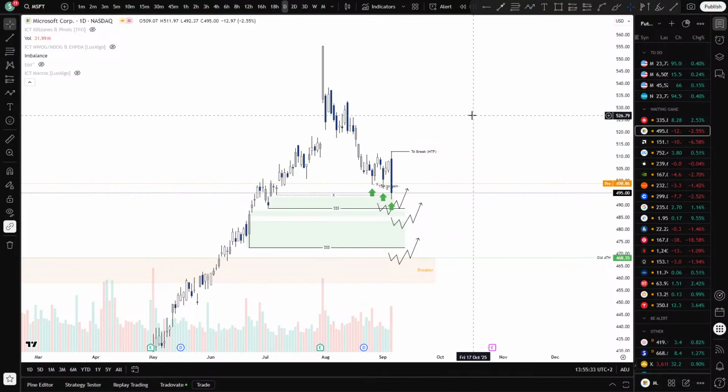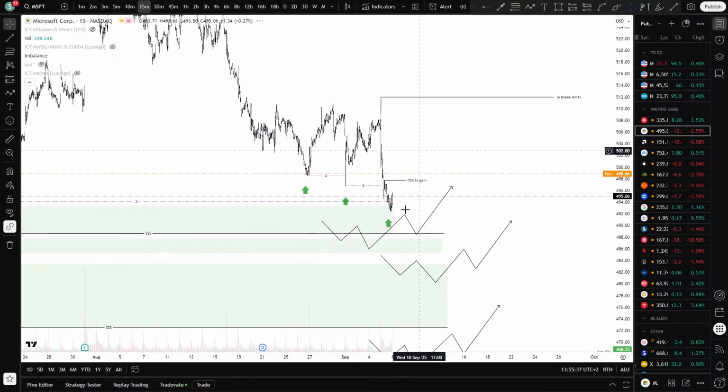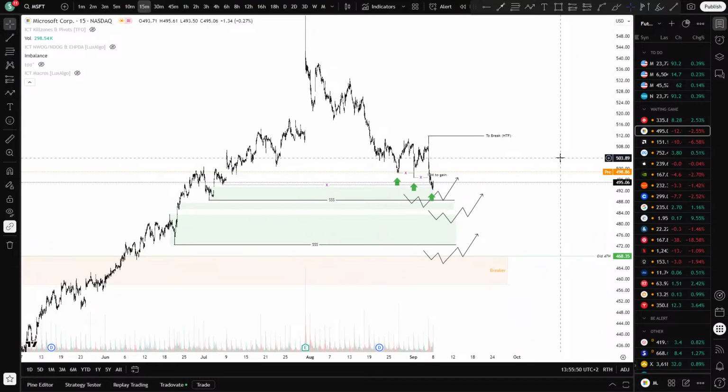This is just a local indication we can maybe get that gain, and the market makers are filling up their orders. Let me quickly skip this song. Alright, there we go. So that is Microsoft, looking interesting.